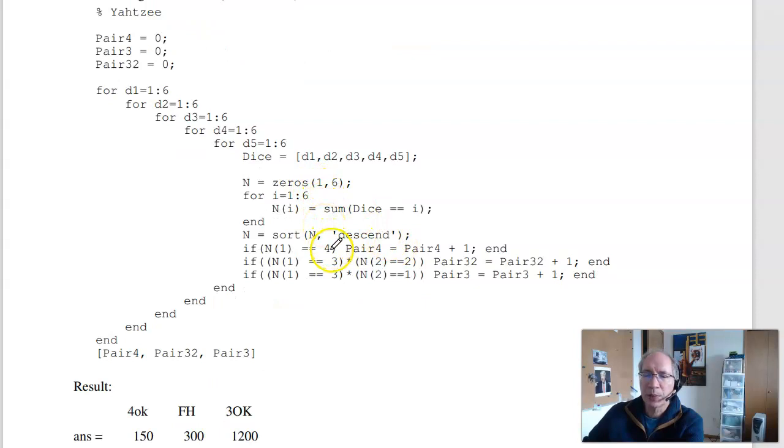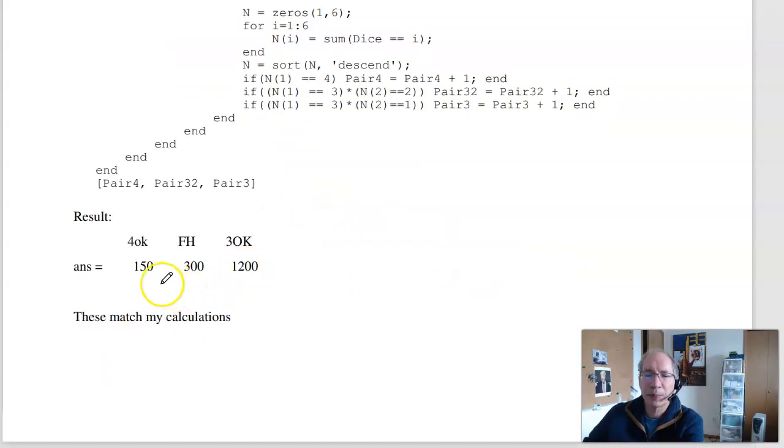If the most frequent number is 4, I've got 4 of a kind. If the most frequent is 3, then a 2, I've got a full house. If it's 3, I've got 3 of a kind. Running through every permutation, I wind up with 150 4 of a kinds, 300 full houses, 1200 3 of a kinds, which matches up with my calculations.